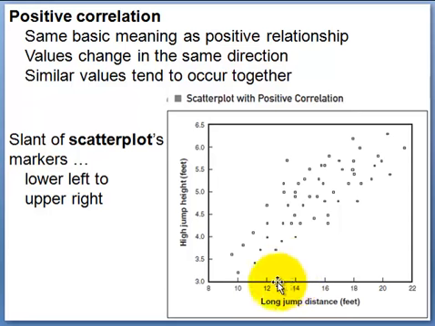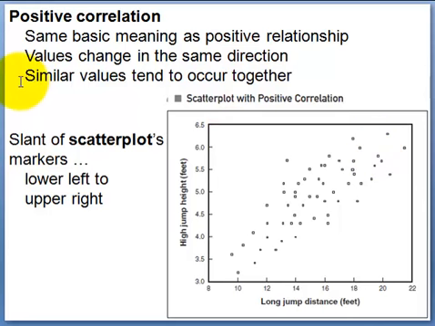And you can see the slope of the scatter plot from lower left to upper right. And when that scatter plot has this positive slope, that's conveying positive relationship to you. It's conveying the values changing in the same direction. As long jump goes up, high jump height tends to go up.